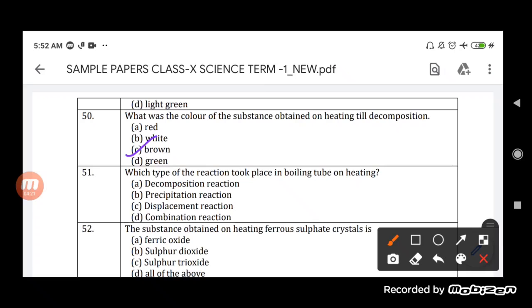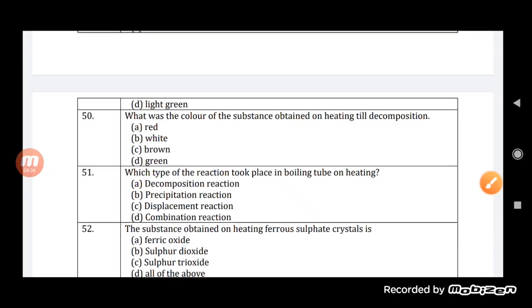The first one is the correct option, decomposition reaction. A decomposition reaction is one in which, when we heat it, ferrous sulfate decomposes to ferric oxide.